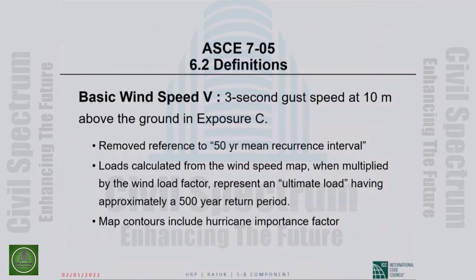ASCE 7 definition of basic wind speed. They did away with the 50-year return period on the wind in ASCE 7-05. The ASCE 7 committee pointed out that loads calculated from the design wind speed map, where we get the speed from the map, the square of that multiplied by other things gives us pressure. Pressure translates into load.